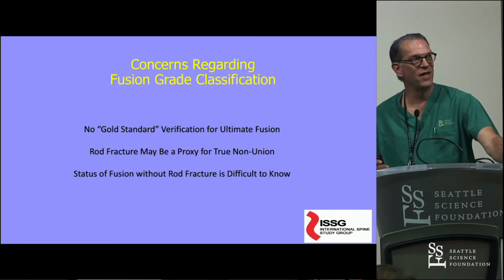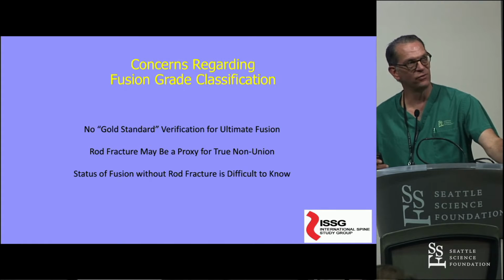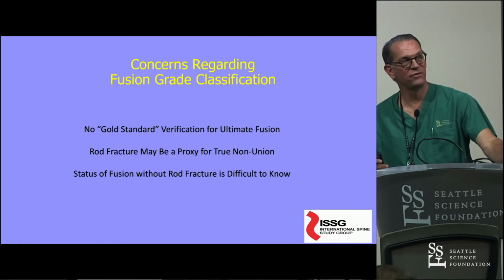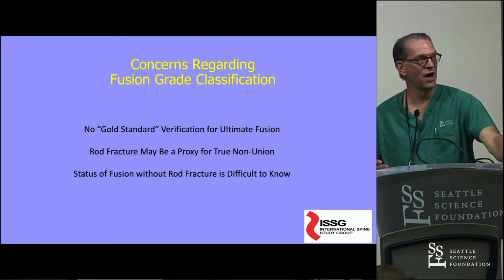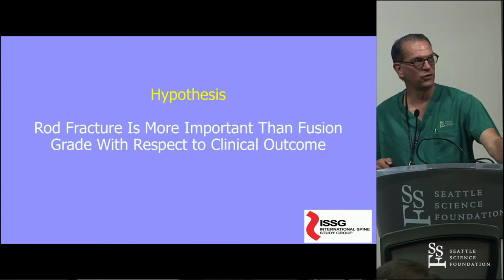And I think given that, an approach that seems valid is that rod fracture may in fact be a proxy for a true non-union. So unless we see a rod fracture, the argument would be that we don't know there's a non-union. And conversely, even with unfractured rods, we really have no way of knowing that a fusion is truly solid. So I think if we take that as an operating principle, that's a useful approach.